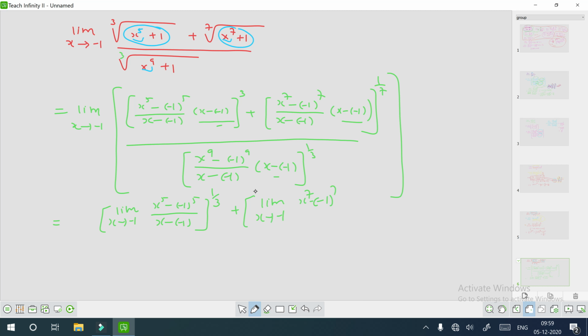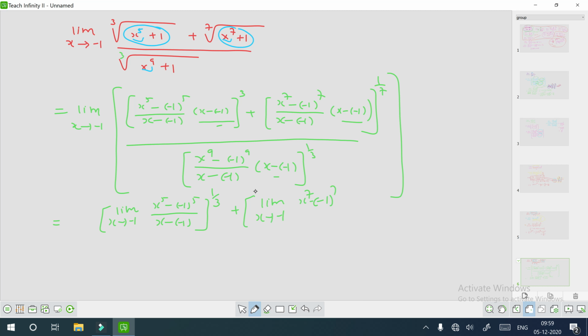Because (x minus 1) raised to 1 by 3 from here and taken from here common, that gets cancelled. Limit x tends to -1 of x raised to 9 minus (-1) raised to 9 over x minus (-1), raised to 1 by 3.